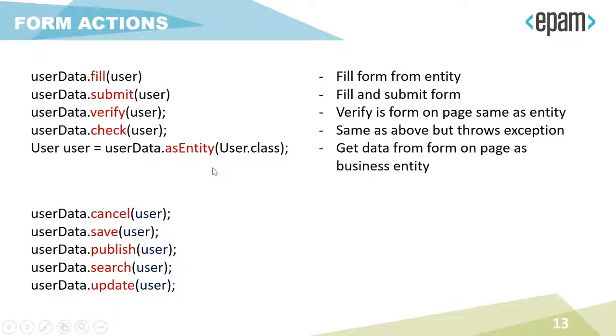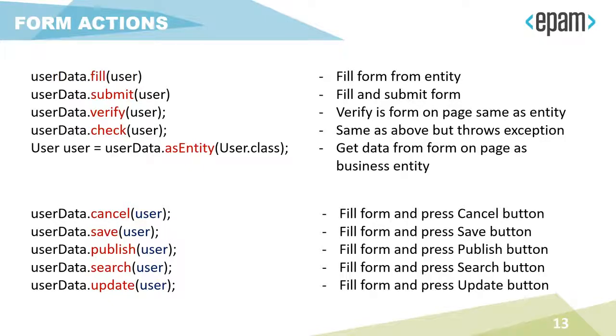Also, we have a list of other actions for the forms, like cancel, save, publish, search, and so on. These actions are pretty much the same as submit, but click on the button you specify here, or you can just directly set up the name of the button, and it will do this. This is really helpful when you have forms with a list of possible actions.